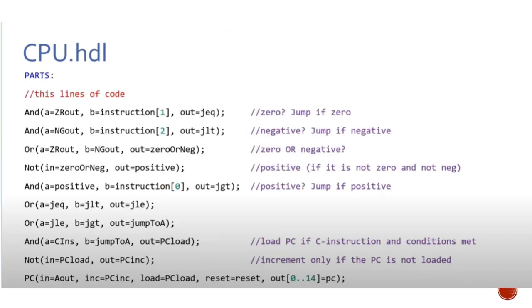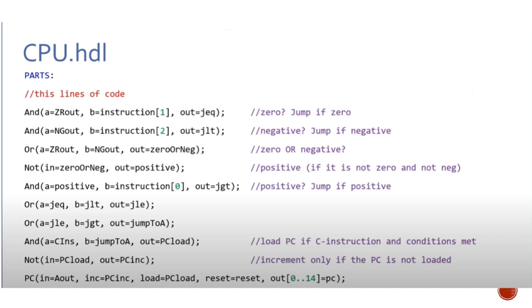Then in the final slide, AND or NOT gates are used to determine the jump conditions of the program counter. The jump bits and the ALU output determine the PC's load bit. These codes determine the jump instructions, check the ALU output and determine whether the conditions are fulfilled or not.